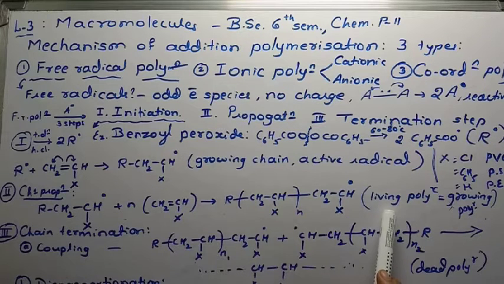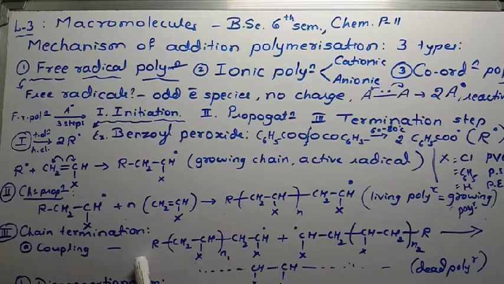Therefore it is said to be a growing chain, or a growing polymer, or a living polymer. So this is the propagation step, where the desired number of monomers are added, till the end. The resulting macromolecule is also an active free radical.